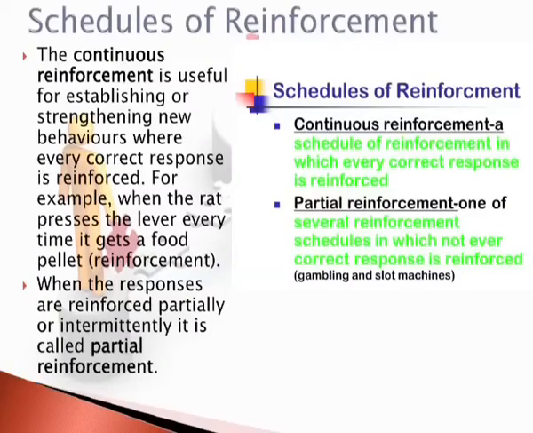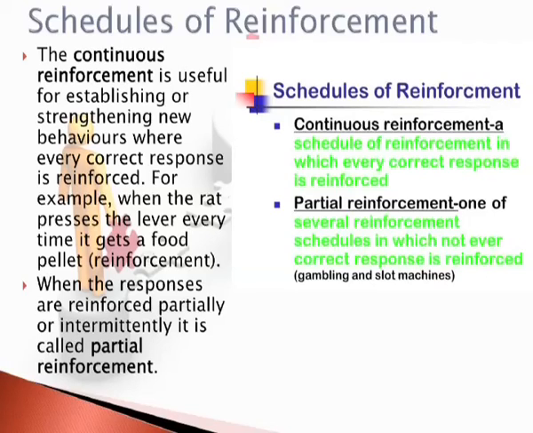It could be by using continuous or partial reinforcement. This is discussed in the schedules of reinforcement. Schedules of reinforcement. Continuous reinforcement is useful for establishing or strengthening new behaviors, where every correct response is reinforced.